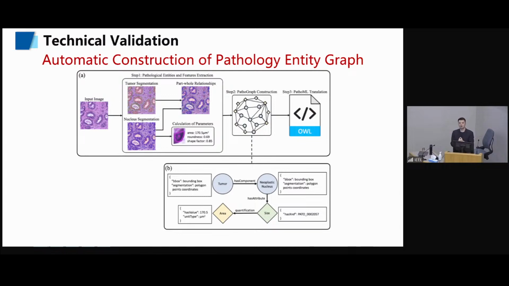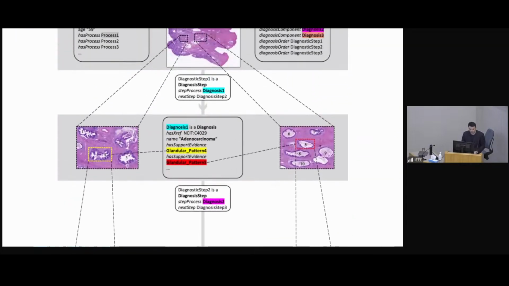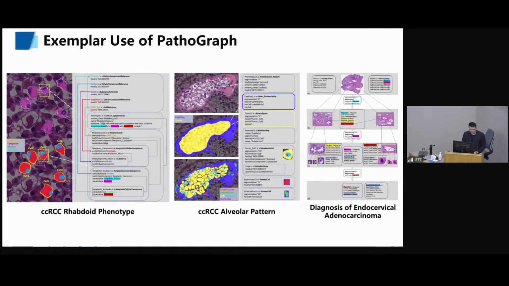So just simple code. Does the initial raw image get included in that node? Yes, the raw image would be included in that node. Let's go back to the PathoML structure.